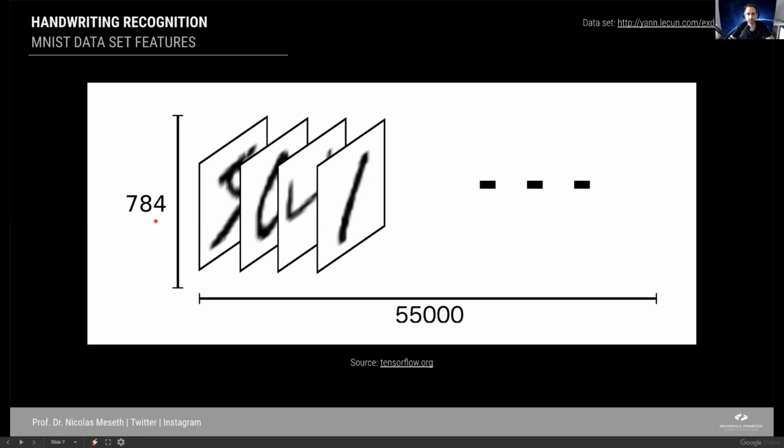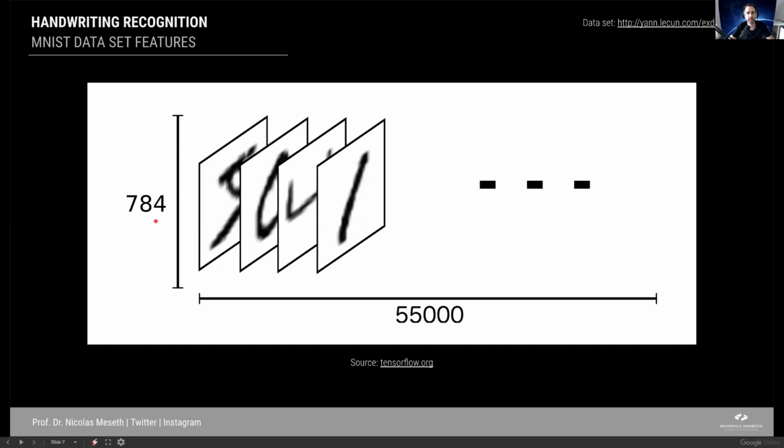This is what the data set looks like. This is what we call the features. Now when you think about the iris data set that we used last time, there we had 4 features, and here we have 784 features. It's much more, 1 for each pixel, and the value of a feature is the grayscale information of that pixel.